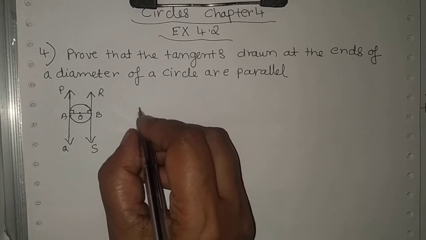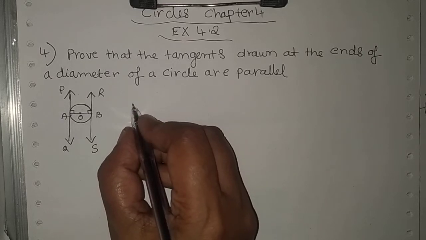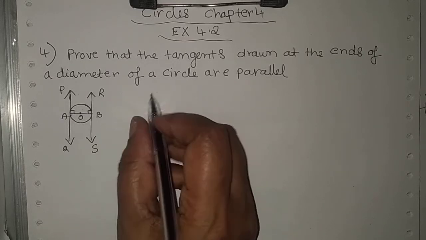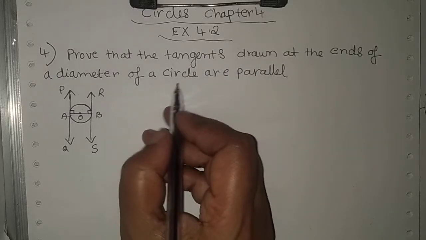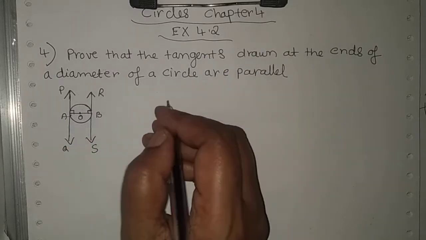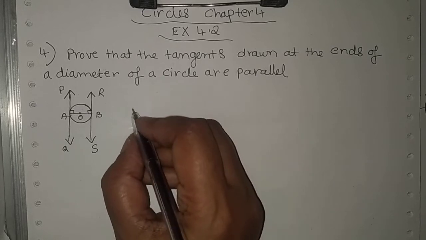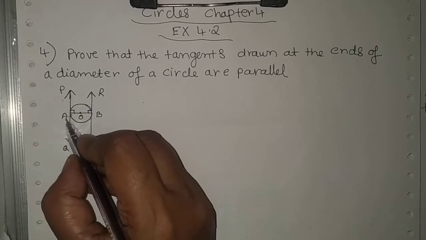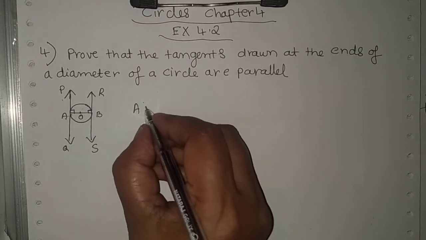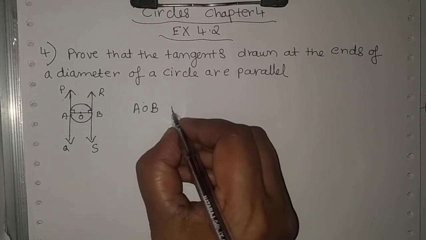So we'll start. So we have to prove that the tangents drawn at the end of the diameter of the circle are parallel. These 2 are parallel. So first step is AOB. So what is the AOB?